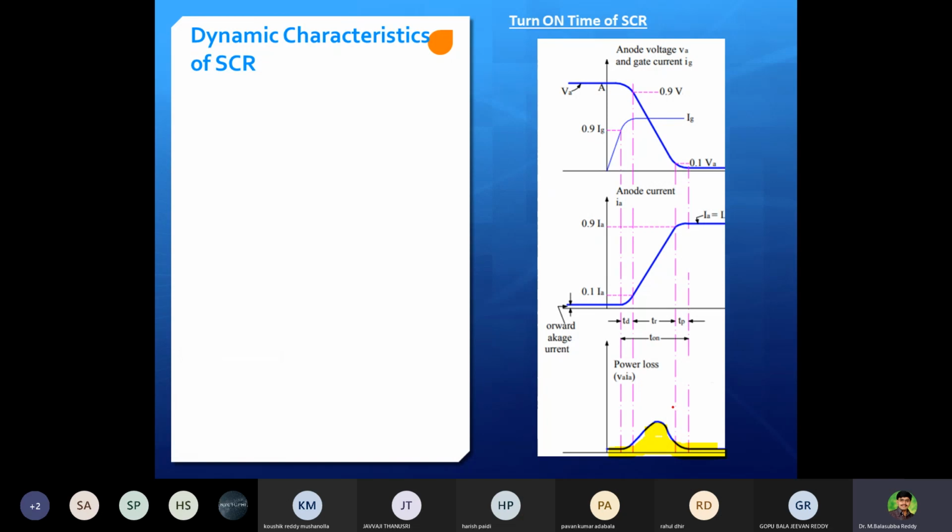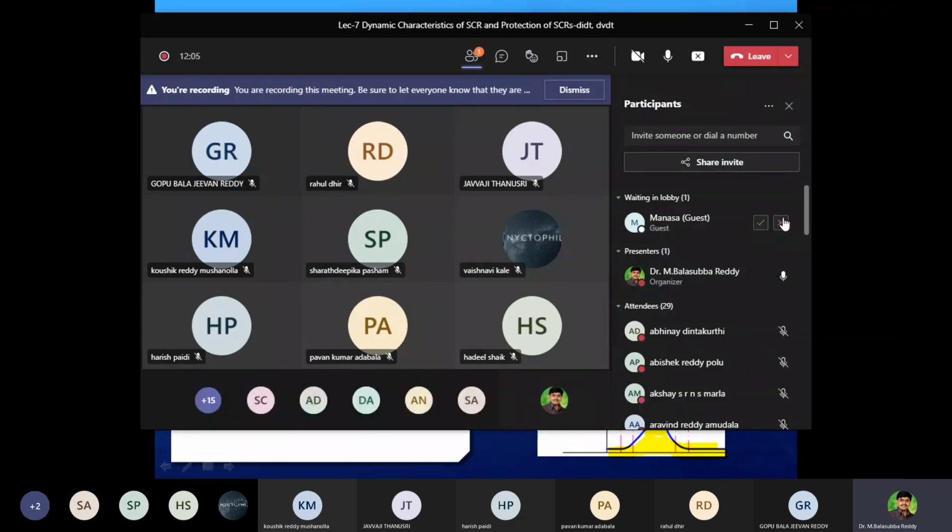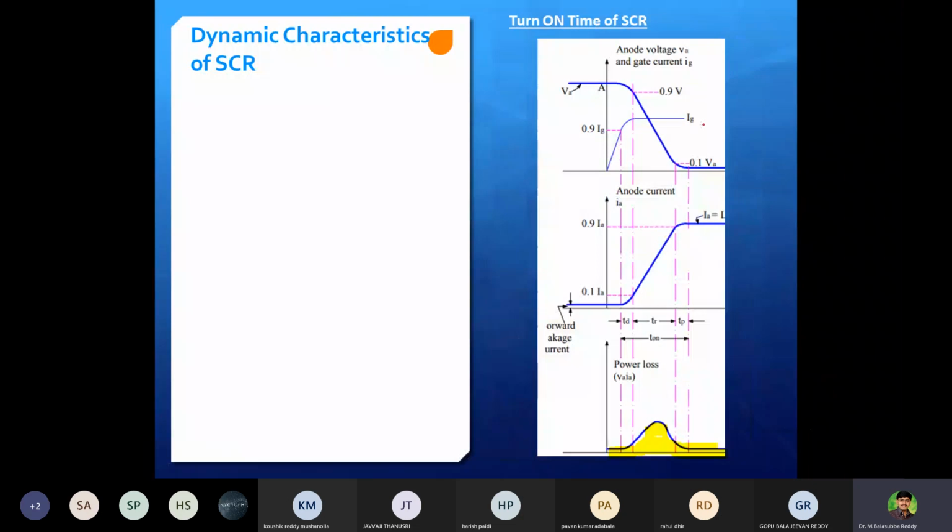Now we can see that during the turn on process you will get some loss. That loss we call the on loss or switching loss while the device is going to be on. For that, as I said, initially the device is in the off state. When the device is in the off state, what is the meaning?